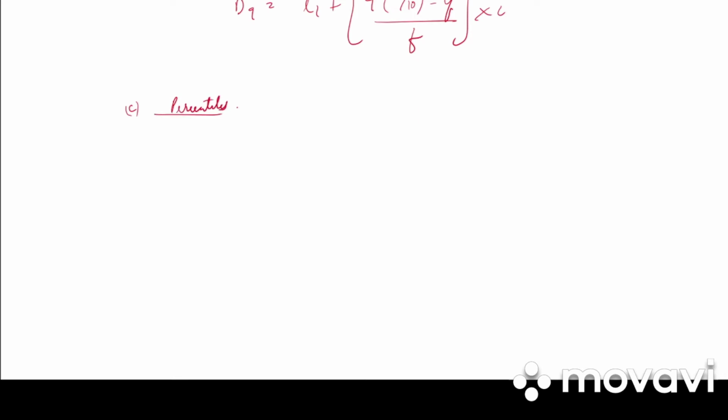Under that, write down: percentiles divide the series into 100 equal parts and is expressed as P. Full stop. There are 99 percentiles in a series.